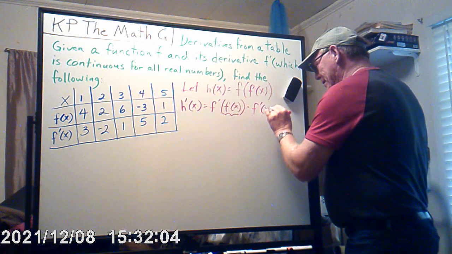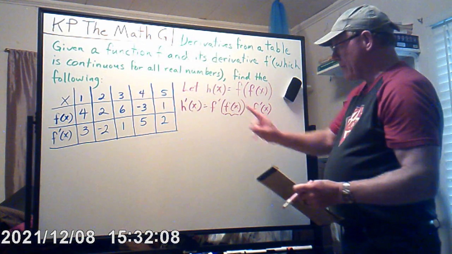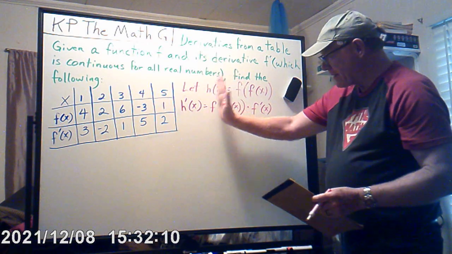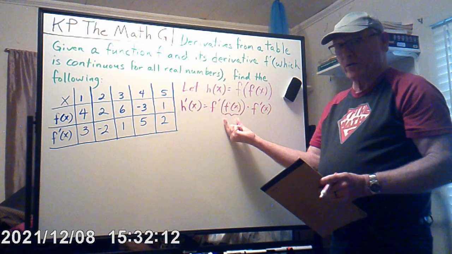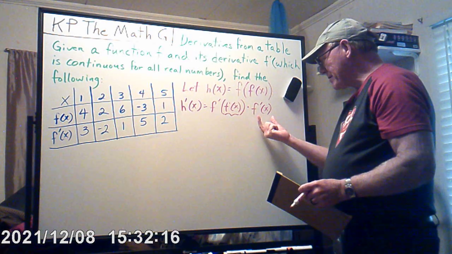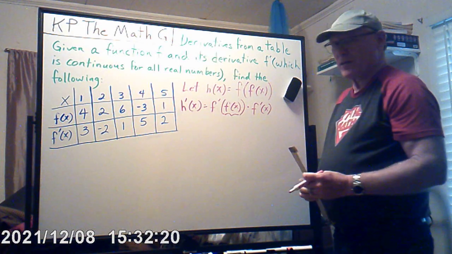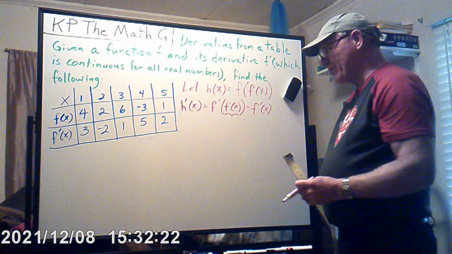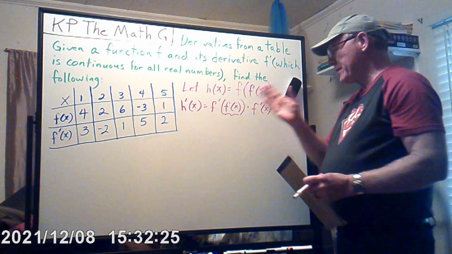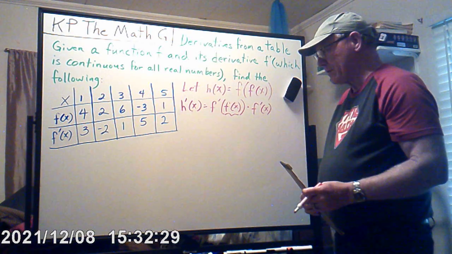Well, the only thing we can do is say f prime at x, so the derivative of the outside, times, I'll do nothing to the inside here, times the derivative of what's inside. This is the chain rule. If you see this, just know that you're applying the chain rule.